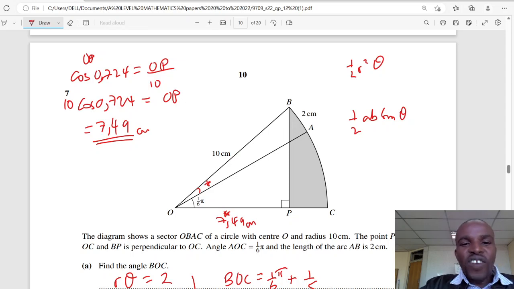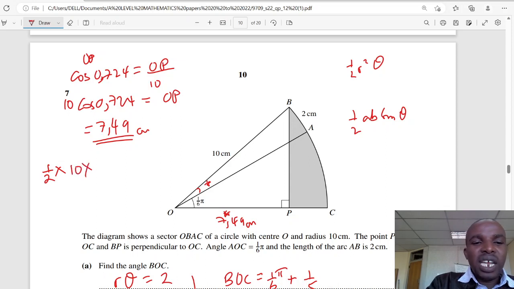Then to find the area of this triangle, you say half times 10 times 7.49, then times sine of theta, 0.724.